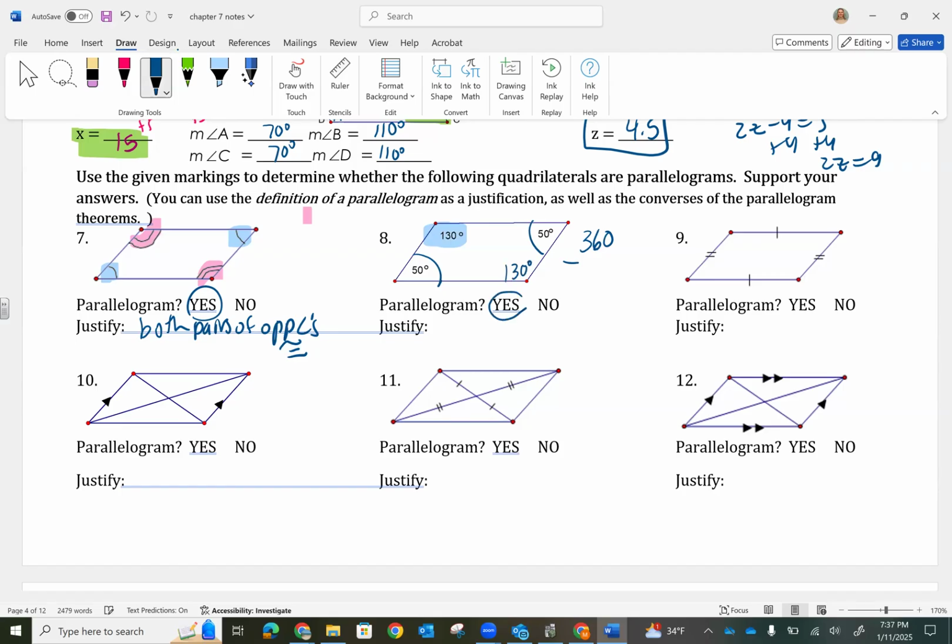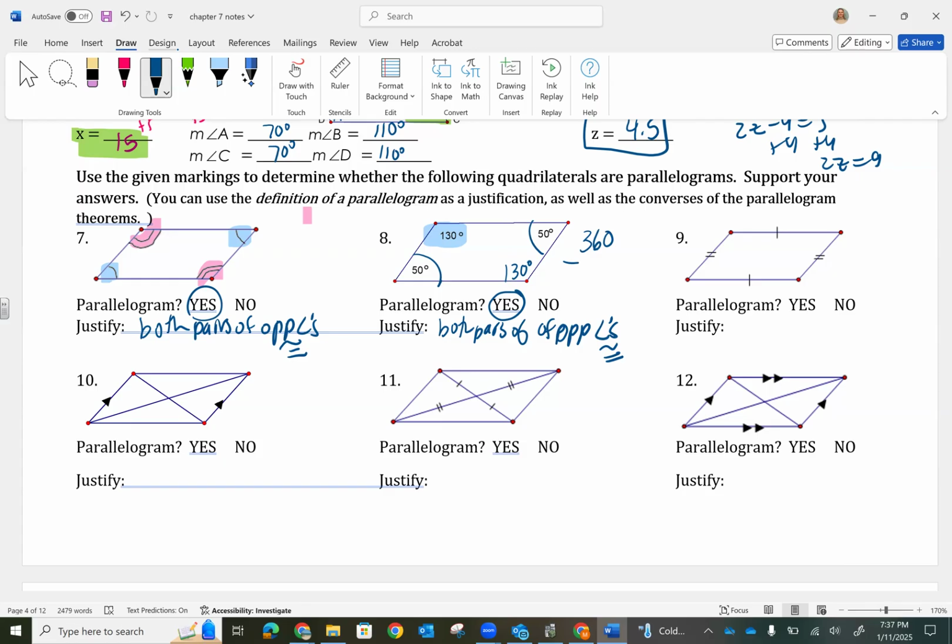So the answer is yes. Why? Same reason. Both pairs of opposite angles are congruent. If you minus off the 3 angles you know from 360, you're going to get that 4th angle to be 130.